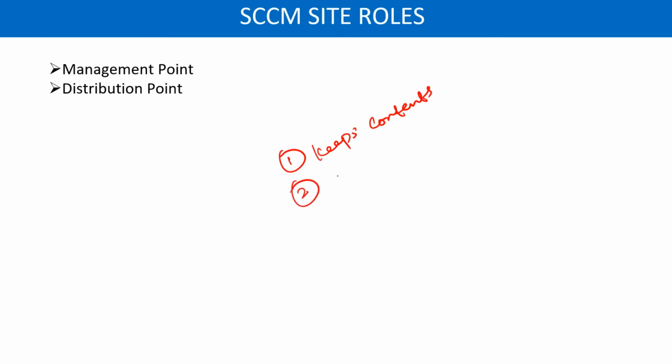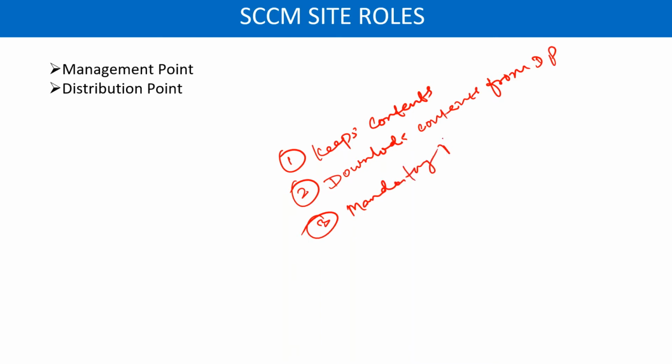Point number 2, devices download content from the DP, distribution point. Point number 3, it's a mandatory role. Point number 4, you can install this on a primary site, secondary site, or any other Windows server, or you can also install this on Windows 10 or Windows 7 computers.